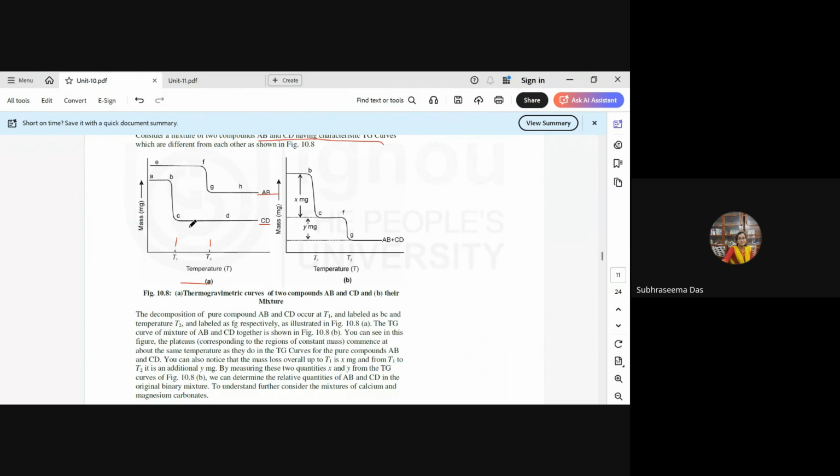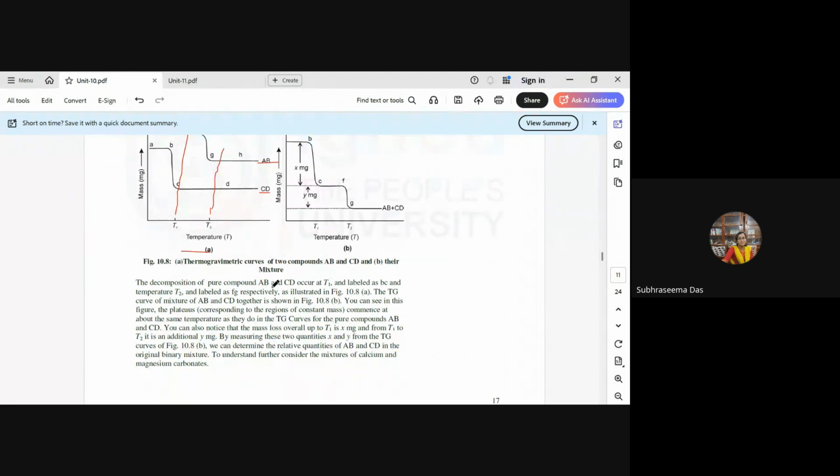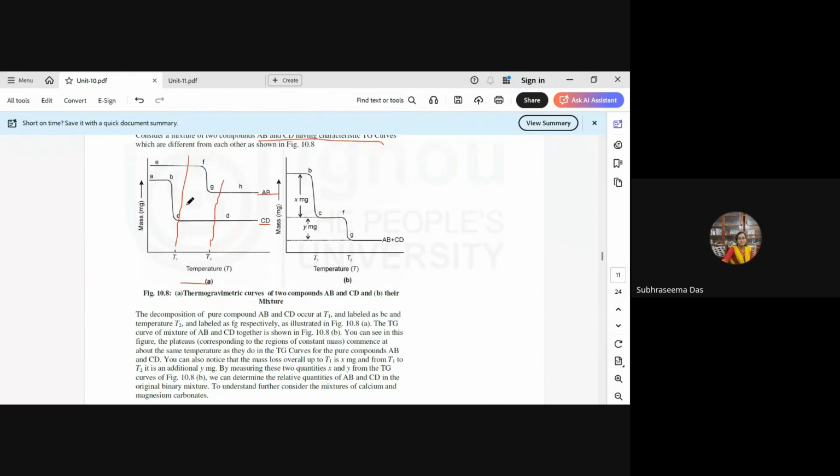T1 occurs at this point, and T2 occurs at this point. Here they have been labeled as BC and FG.